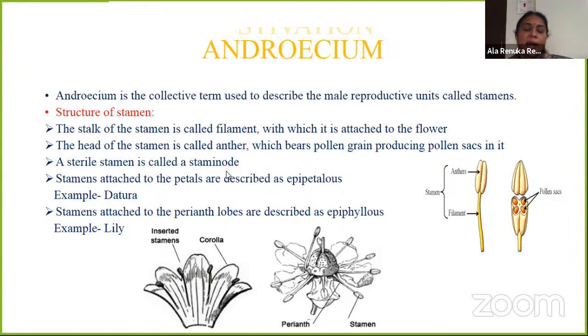If calyx and corolla are clear and the stamen is attached to the petals, the condition is called epipetalous. If they are not distinct, it is described as epiphyllous, as we see in lily.